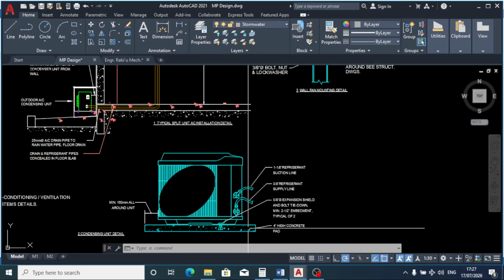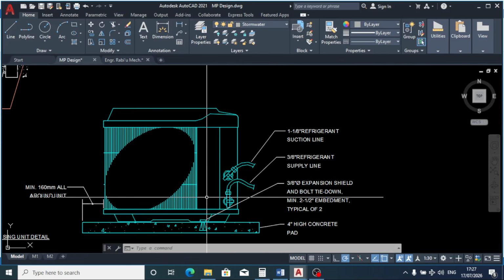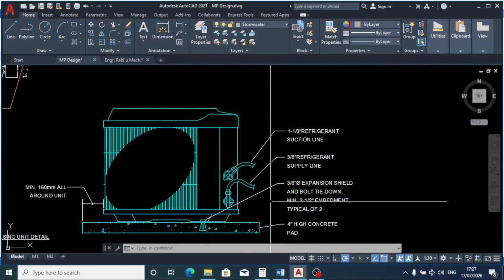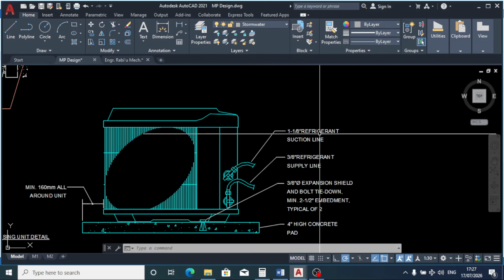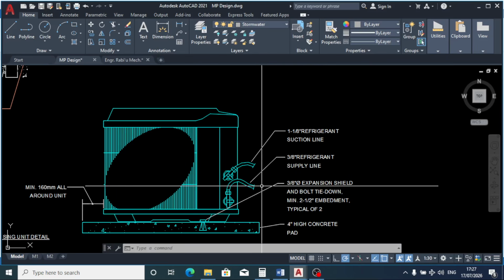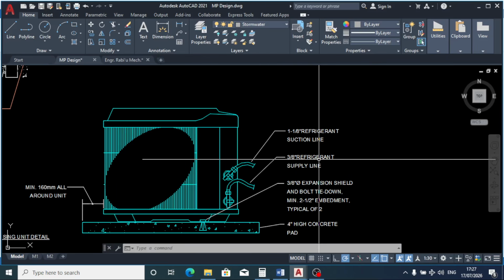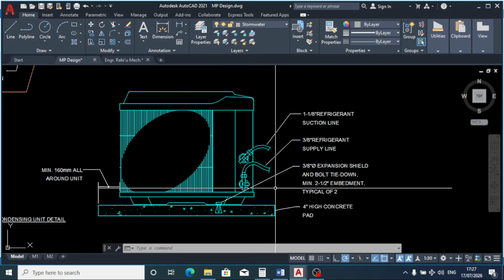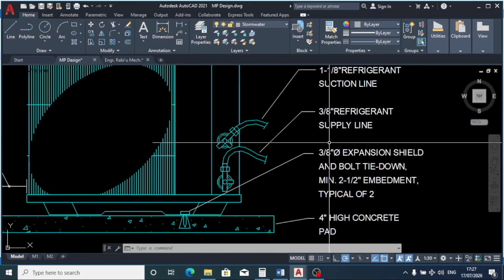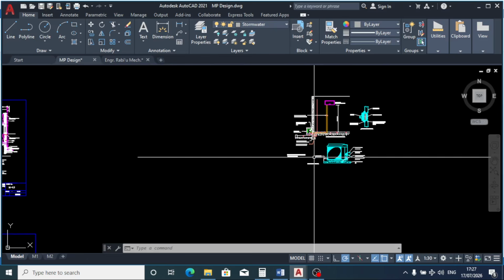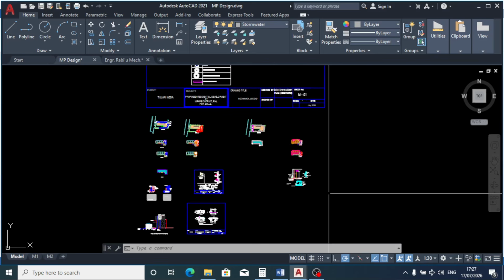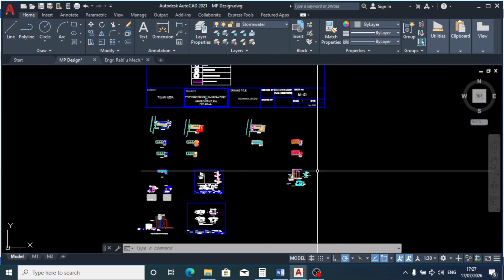So this is the detail of the outdoor unit, which is the condenser. You can see this is the supply pipe for the refrigerant. This is the supply line and the return line as well. So that is that about our air conditioning and ventilation system design.